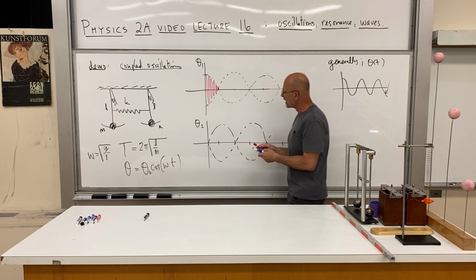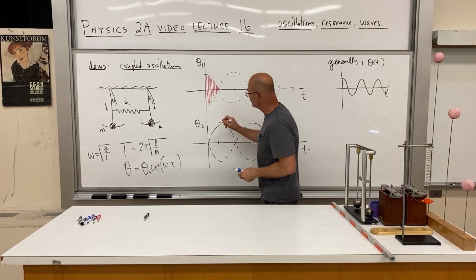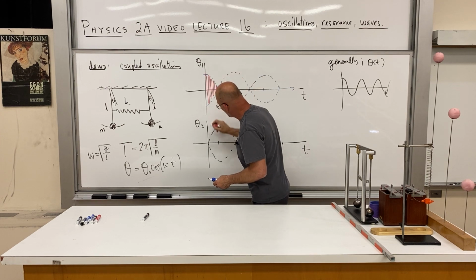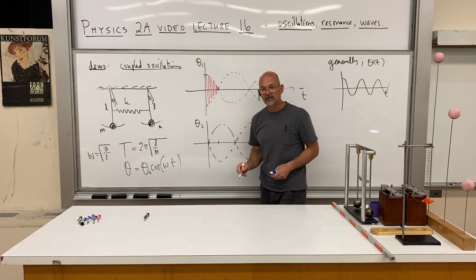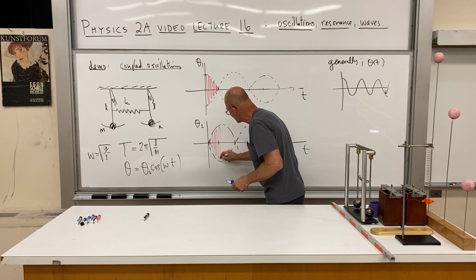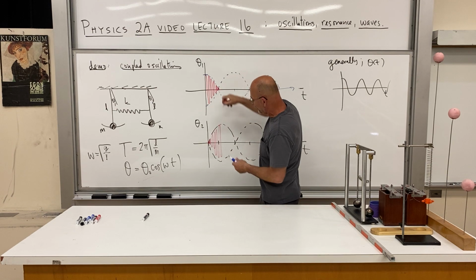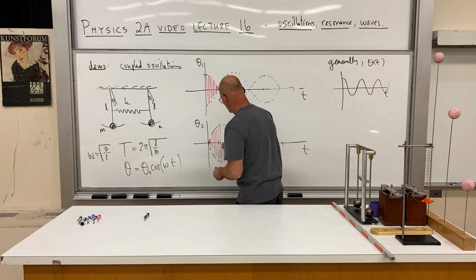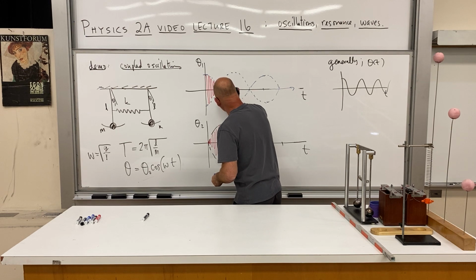So what I'm drawing is the envelope there. Theta sub 2, as theta sub 1 was oscillating, was at rest at first, but it gradually started oscillating and getting a larger and larger oscillation until, when this one was 0, this one was maximum.